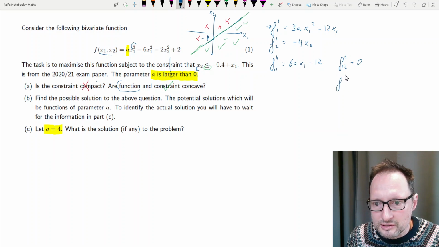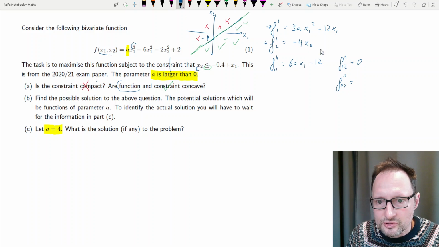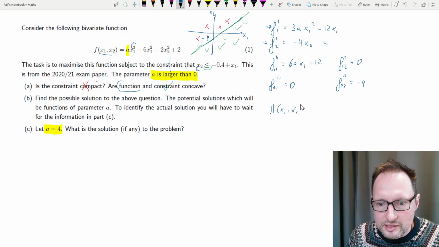Then we'll calculate the second order partial derivative here with respect to x2, that's negative 4, and that one with respect to x1 is 0 because there's no x1 in here. So the Hessian looks like this.